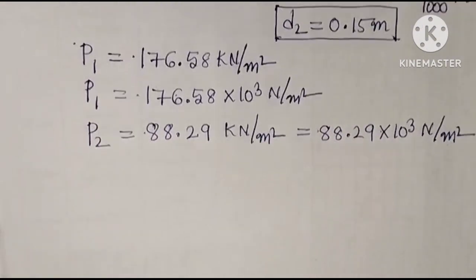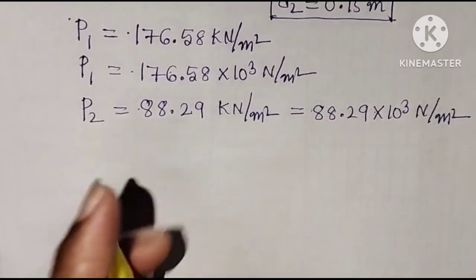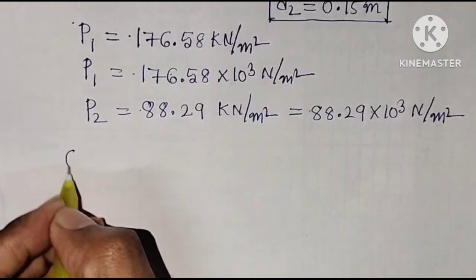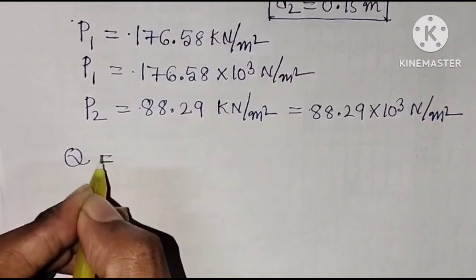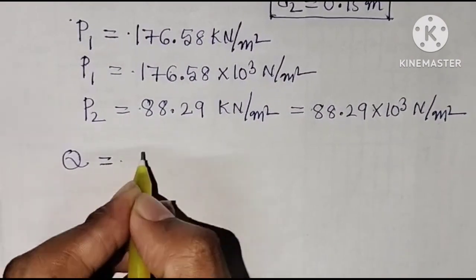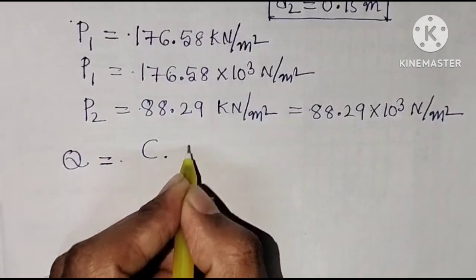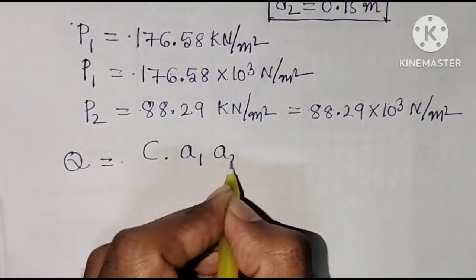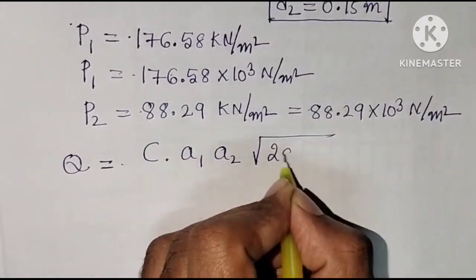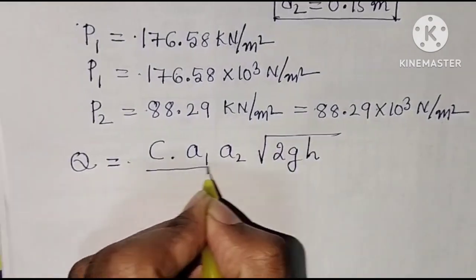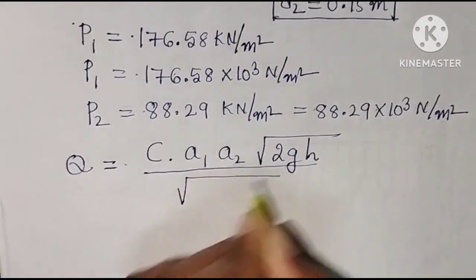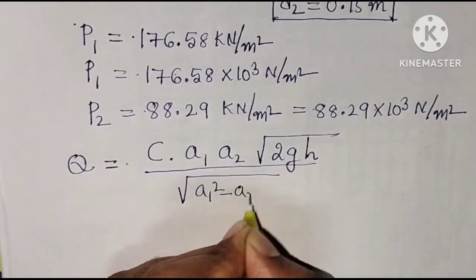So what is the formula for discharge through an orifice? We know that discharge through an orifice is given by Q is equal to C into A1 into A2 into root over 2gh, whole divided by root over A1 square minus A2 square.